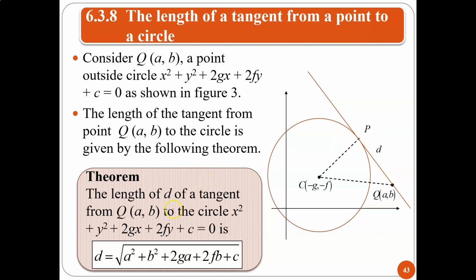The length D of a tangent from point Q to the circle. This is the general form equation of a circle. So you need to memorize this one. You have no choice. D, or this the length or distance actually, is a squared plus b squared plus 2ga plus 2fb plus c, and then you take square root of all. Okay, so please memorize this. This is for the length of a tangent.